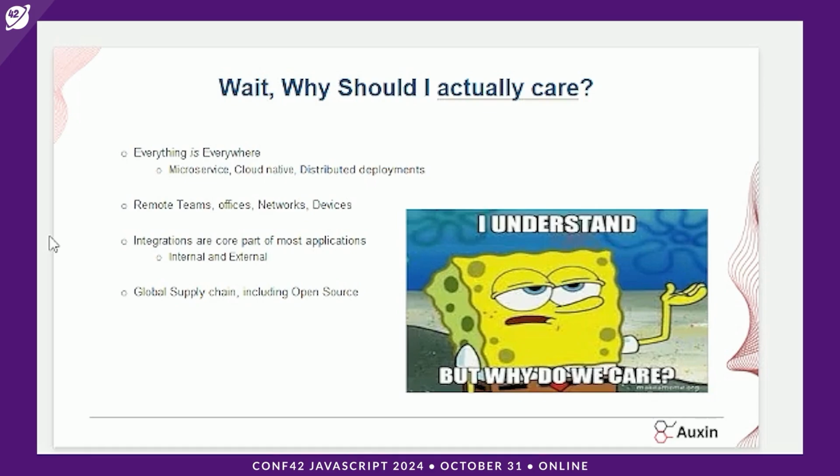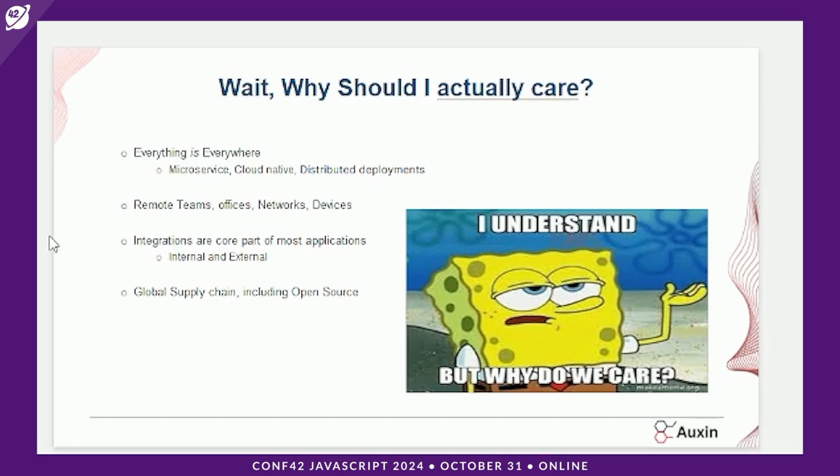Additionally, the workforce has changed. Remote teams are now the norm, and employees are working from home, offices, or even coffee shops, all accessing networks from various devices. Securing these diverse environments becomes essential. Nowadays, nearly every application we use, whether for business or personal use, relies on multiple internal and external integrations. These integrations connect different systems, and if any one of these points is insecure, it can serve as a gateway for cyber attacks.